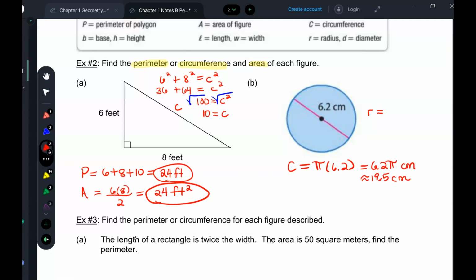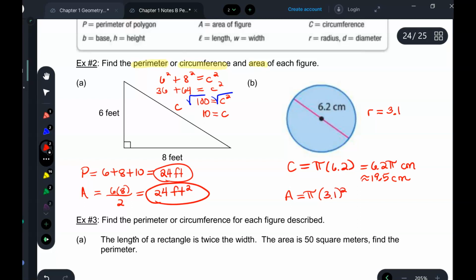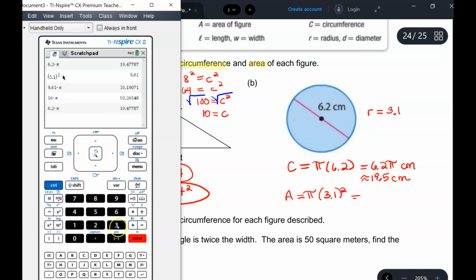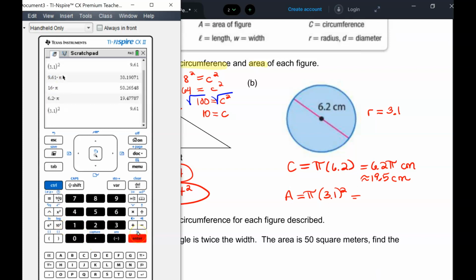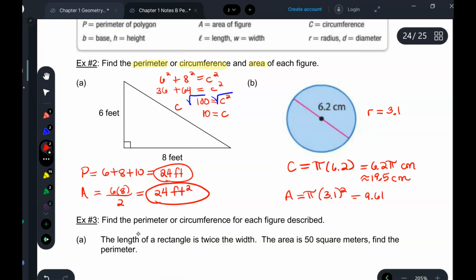What's the radius? We need to do area. 6.2, you have to divide it by 2. Good, so that's going to be 3.1. So if I just do 3.1 squared, I get 9.61. Oh, I almost forgot my pi.